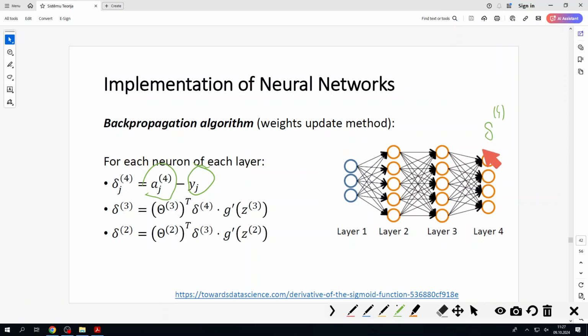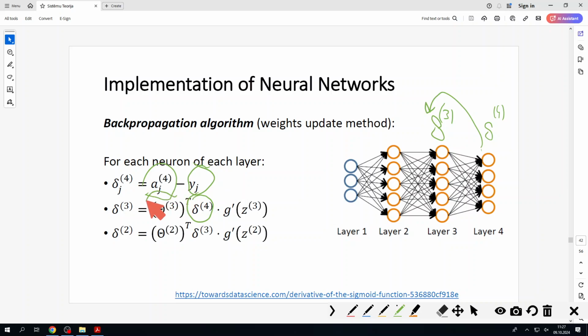Now we are going to backpropagate this error in the last layer into the error in the third layer by using this formula. Some mathematical outputs I will try my best to explain next time, but it is quite complex either way. But the idea is quite simple. For that, you need to know the previous layer's error.